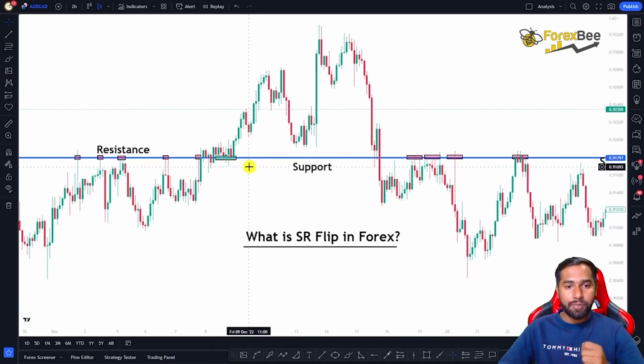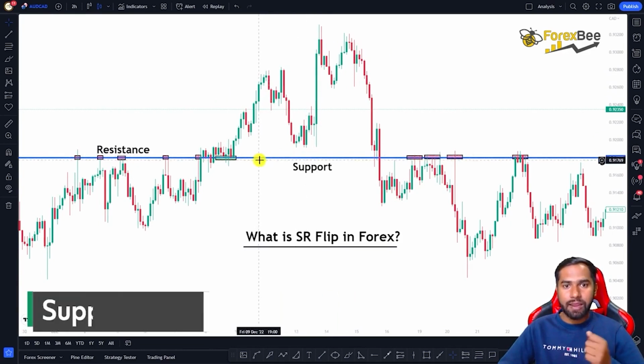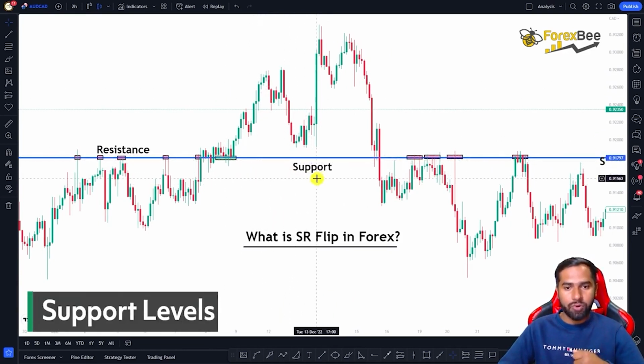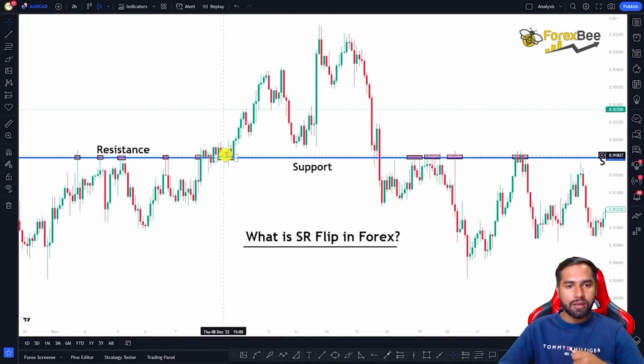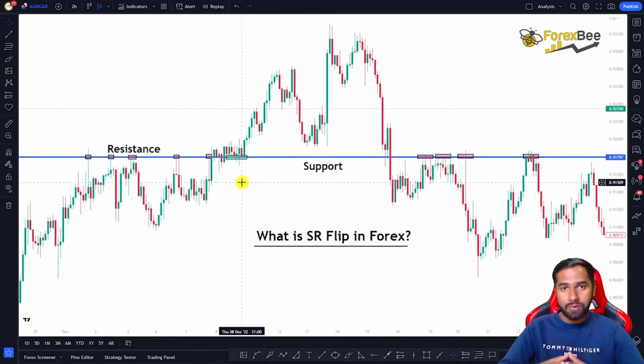Now, if the price comes down and gets bounced in the bullish direction from a certain level, that level will be called a support level. As you can see here, from this level the market is getting rejected in the upward direction, so this will act as a support level. Now, what are SR flip levels?